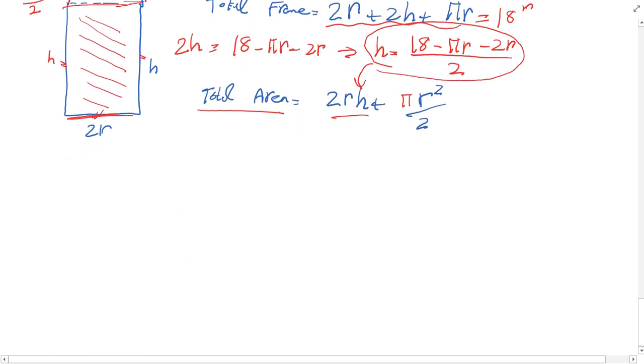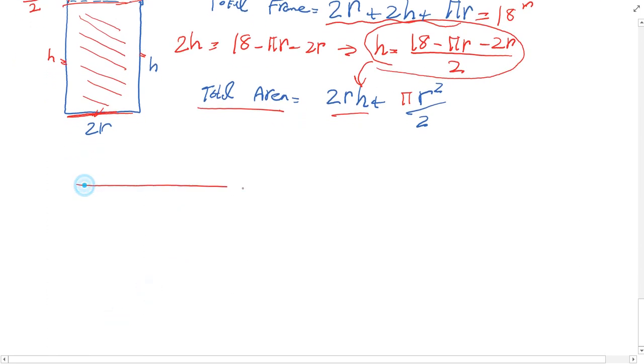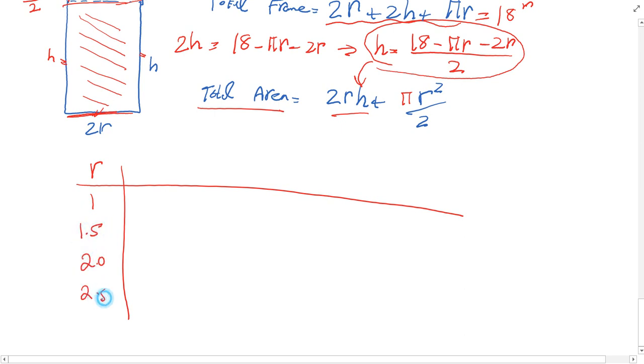Now we set up a spreadsheet like this. In this spreadsheet, I'm going to guess r as different values, like 1, 1.5, 2, 2.5. So if I know the r, I can calculate the h, and then I can calculate the area.